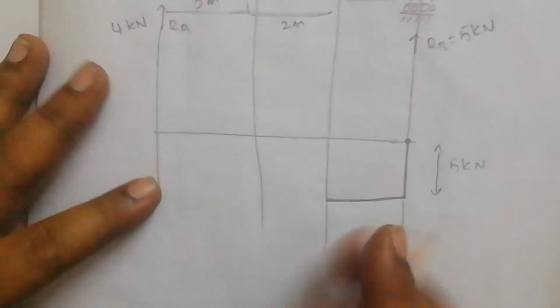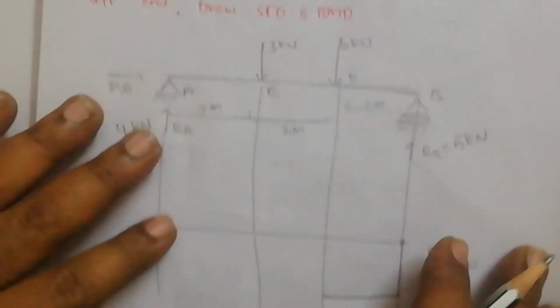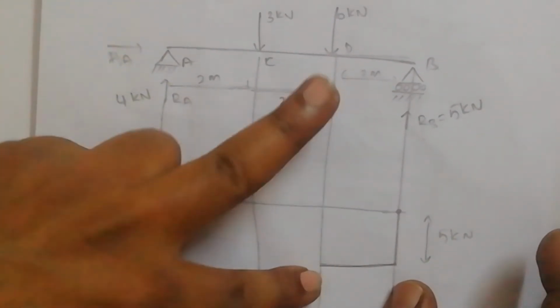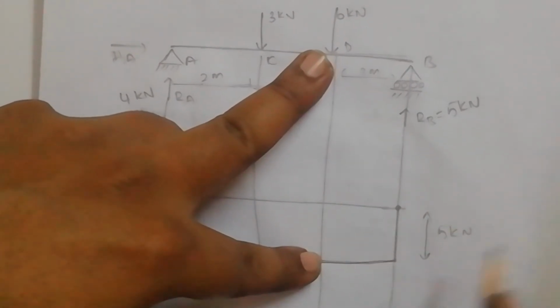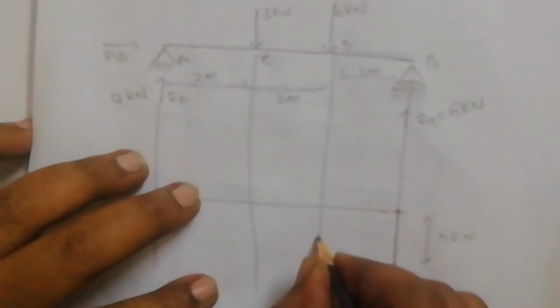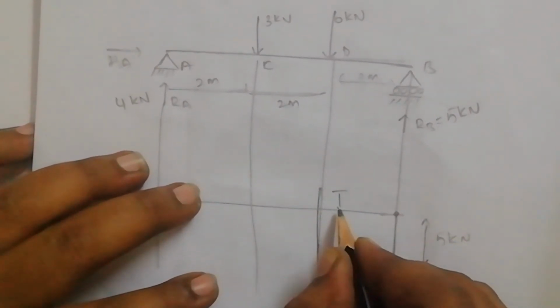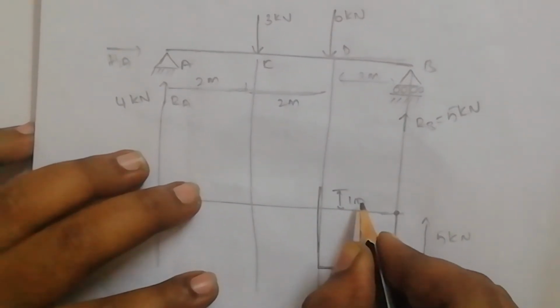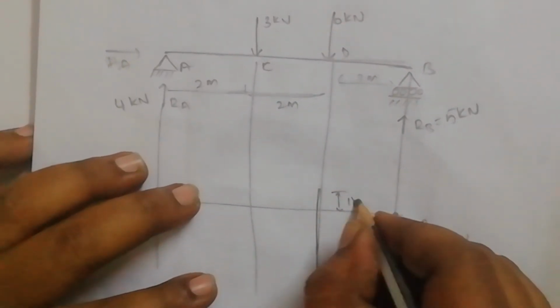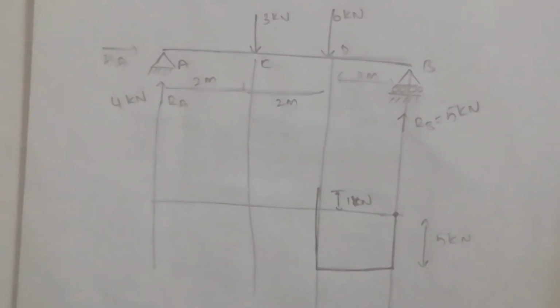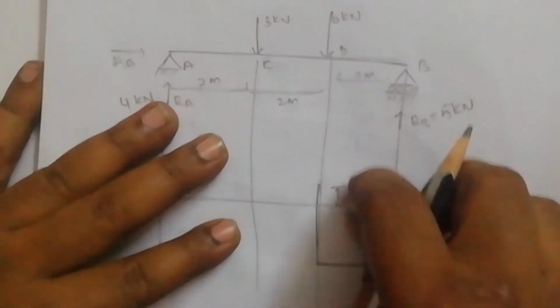Now when I come to this point, see the diagram, you have a point load acting downward, and this is coming upward, so both are in opposite directions. We will travel against it, to a distance of 1 kilonewton from the baseline. Why?